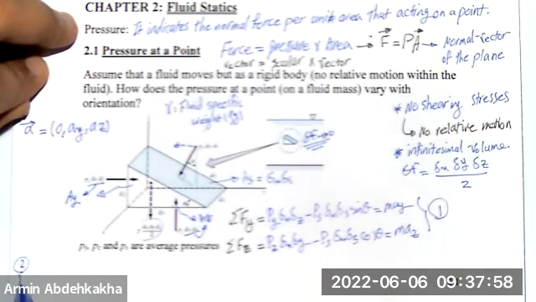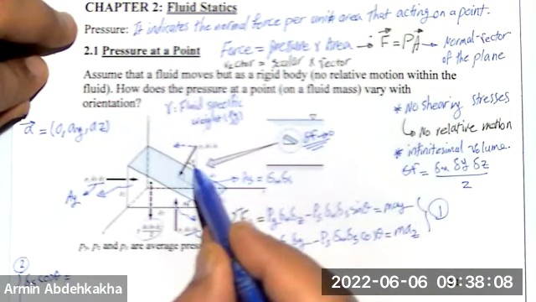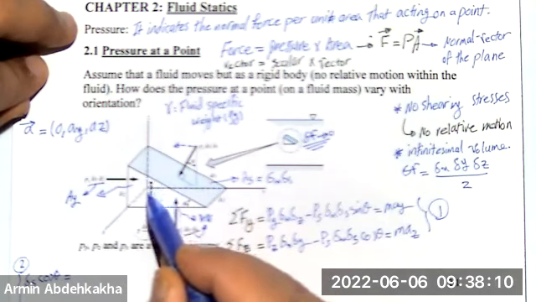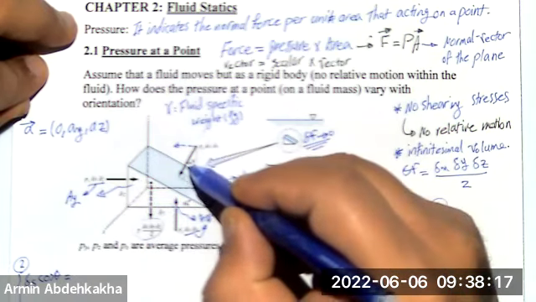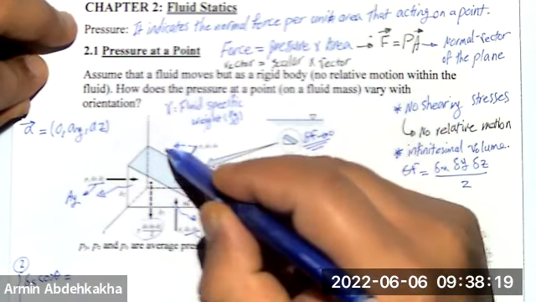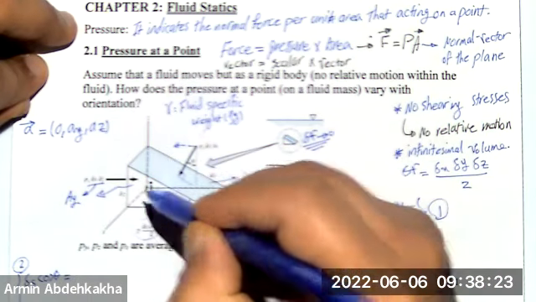Number 2 is delta s cosine of theta. Delta s times cosine of theta gives you delta y, right? If you multiply delta s by cosine of theta, it gives you this line from here to here.